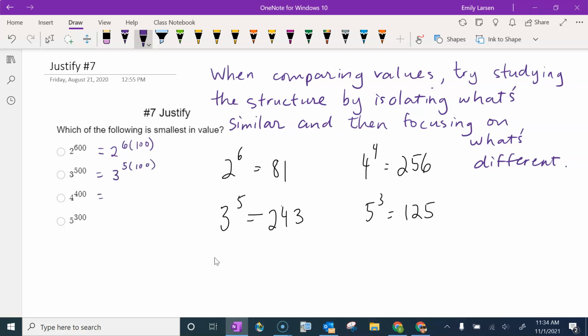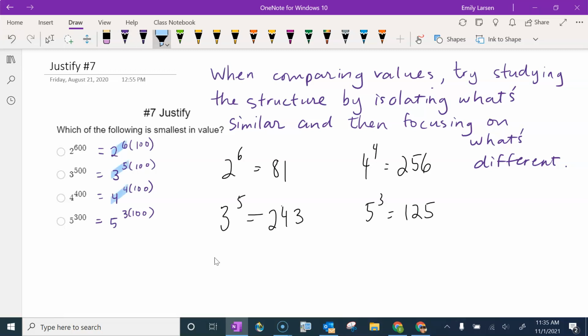Instead of 400 factors of 4, you could say 4 times 100 factors of 4. And similarly, 300 would be 3 times 100 factors of 5.